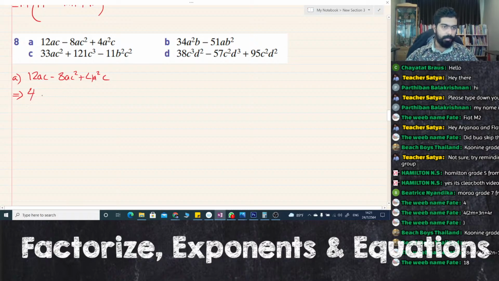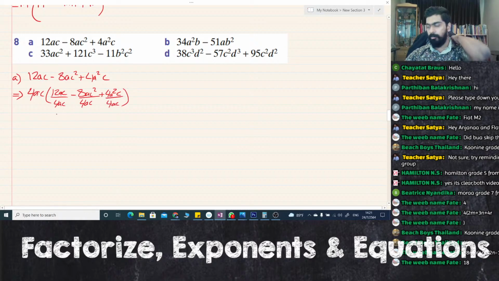And for the variables, we would have AC. Then we've got 12AC over 4AC minus 8AC square over 4AC plus 4A square C over 4AC, right guys? And that is what we'll have inside the bracket.